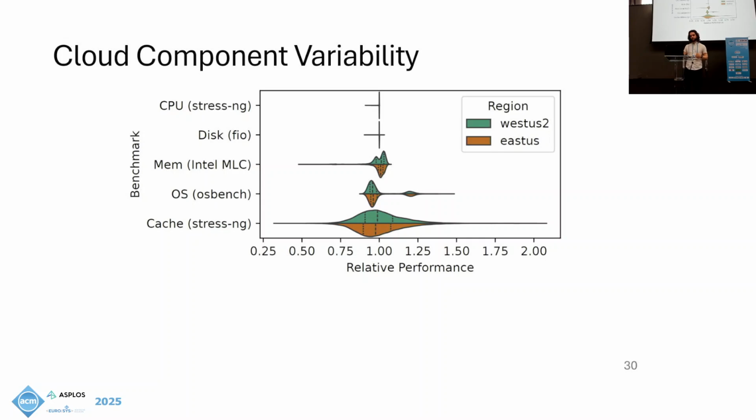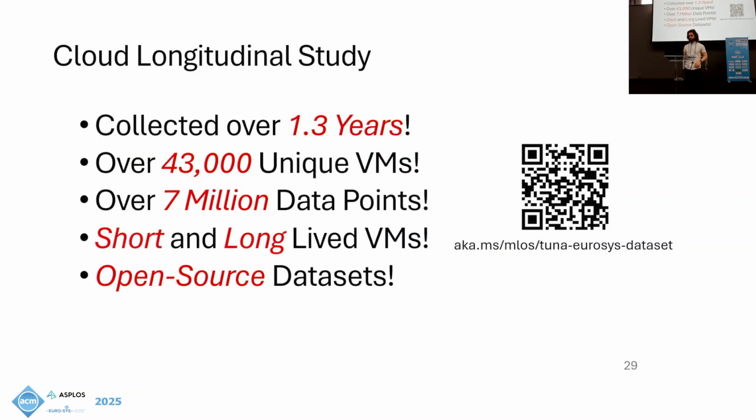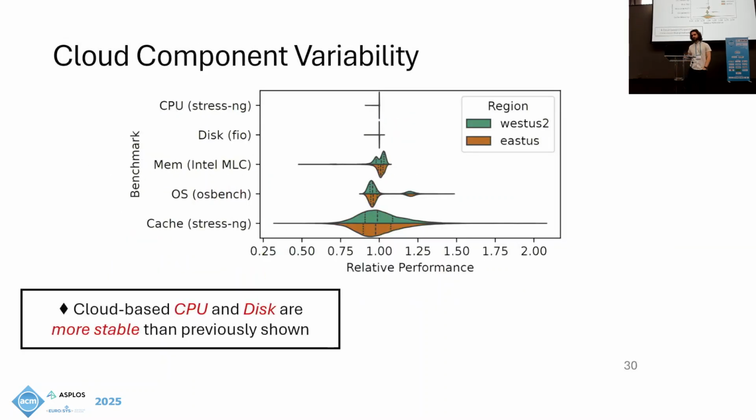Now, memory, OS, and cache, on the other hand, experience different problems where they have higher variability: memory has 4.9% coefficient of variance, the OS has 9.8%, and the cache has 14.4%.